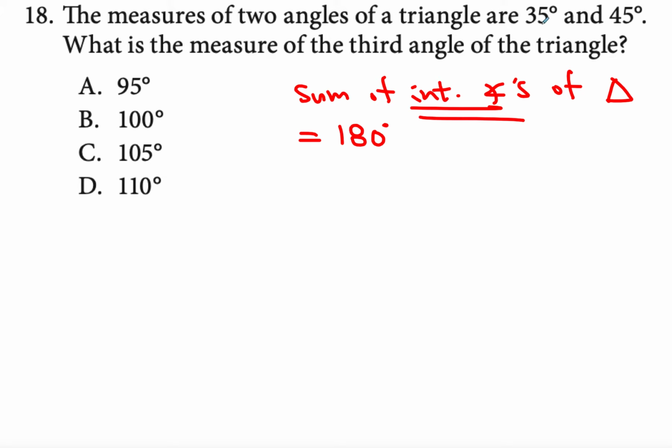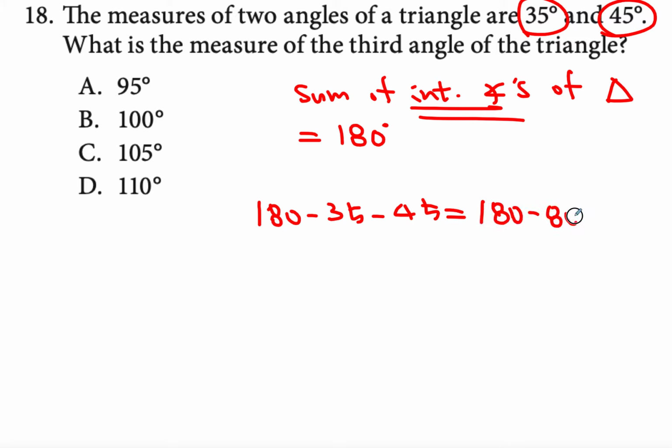So in this case, one angle is 35, the other is 45, so the remaining has to come from 180. So what I can do is 180 minus 35 minus 45. This is the same thing as 180 minus 80, because 35 and 45 combined become 80. So what we end up getting is 100. Choice B becomes the answer.